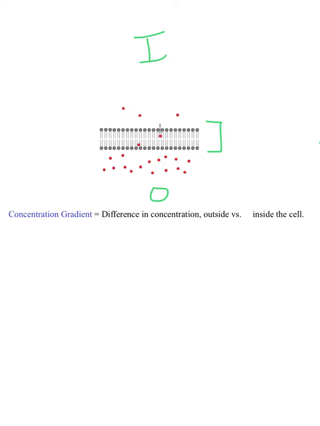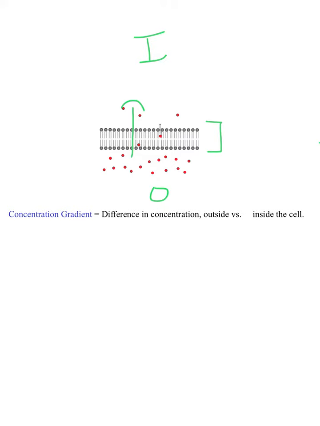Well, assuming these solute particles could move across the cell membrane, they could go in or out, but since there's more of these particles on the outside, if the movement is truly random, you will eventually, just by chance alone, have more molecules going in than out.